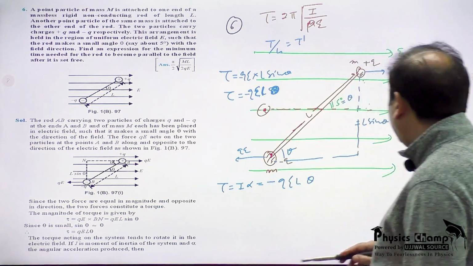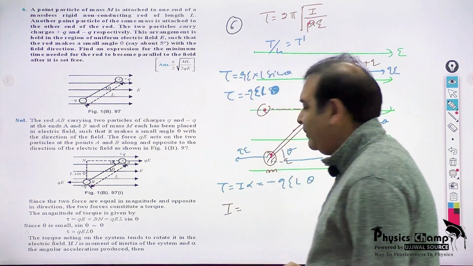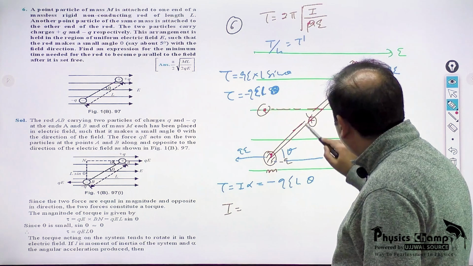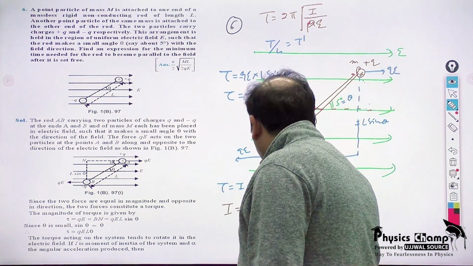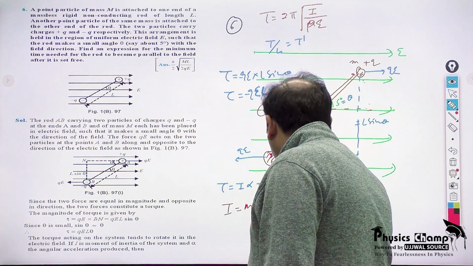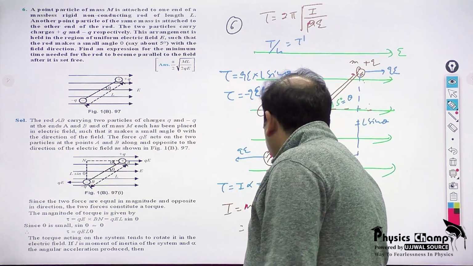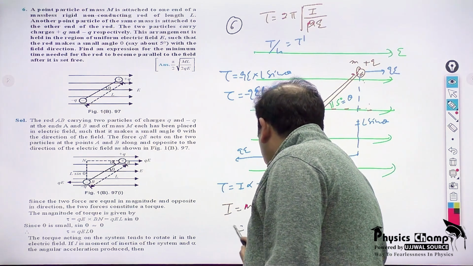Now let's talk about the moment of inertia. The moment of inertia will be, because it is always about the axis passing through the center, m (L by 2) square plus m (L by 2) square. So it will be mL square by 4 plus mL square by 4, that is mL square by 2, which is the moment of inertia.